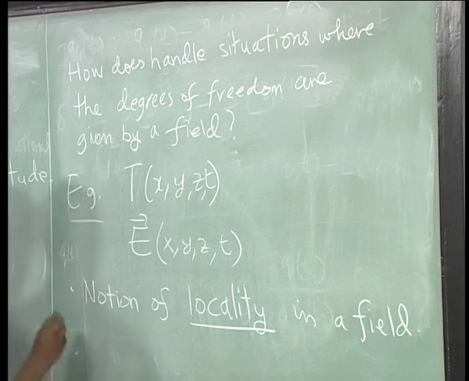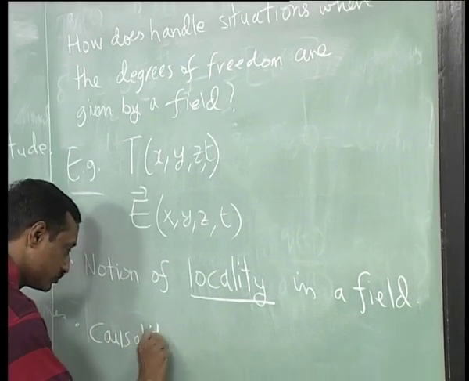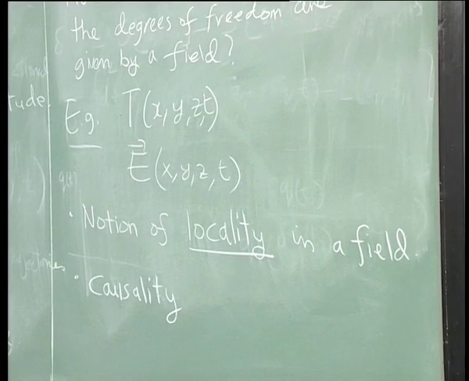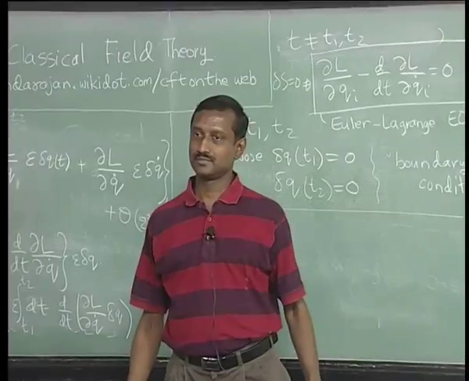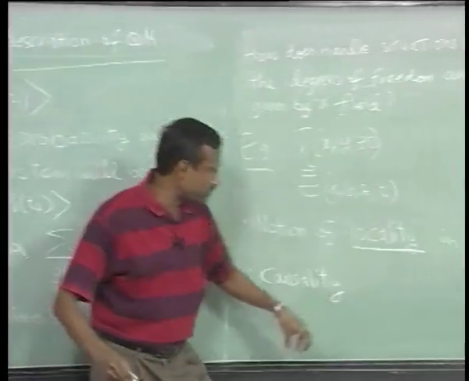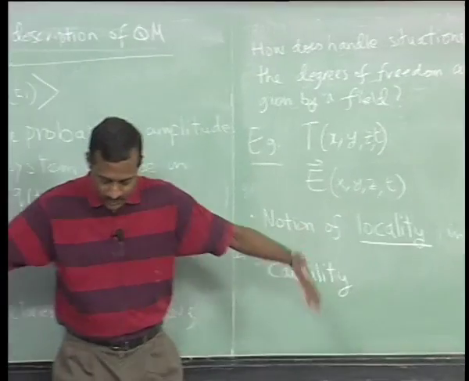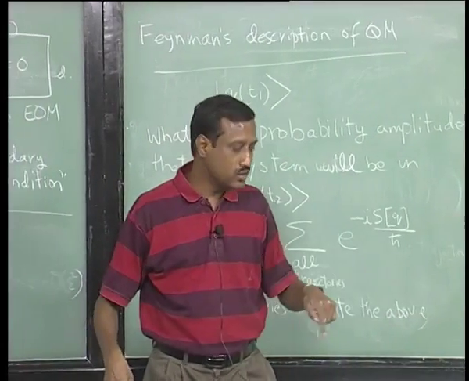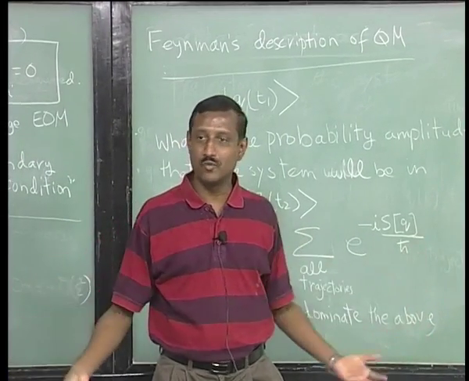Another thing which we need is the notion of causality. Causality is that you want cause to precede effect. So, let us say we take another continuum system, like a bucket of water, where the velocity field, if you wish, is a field.